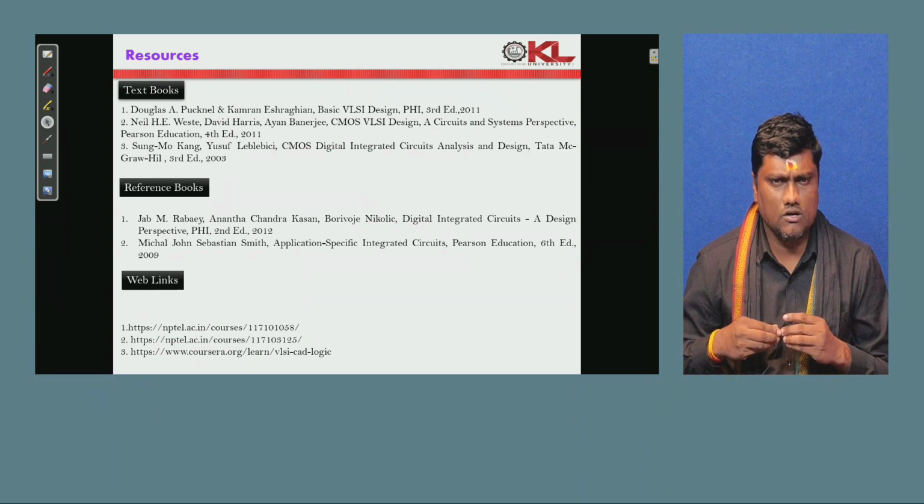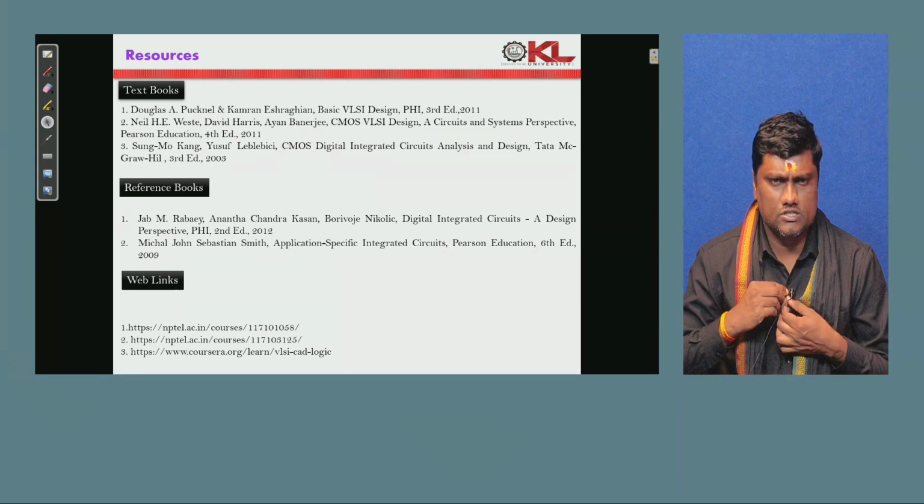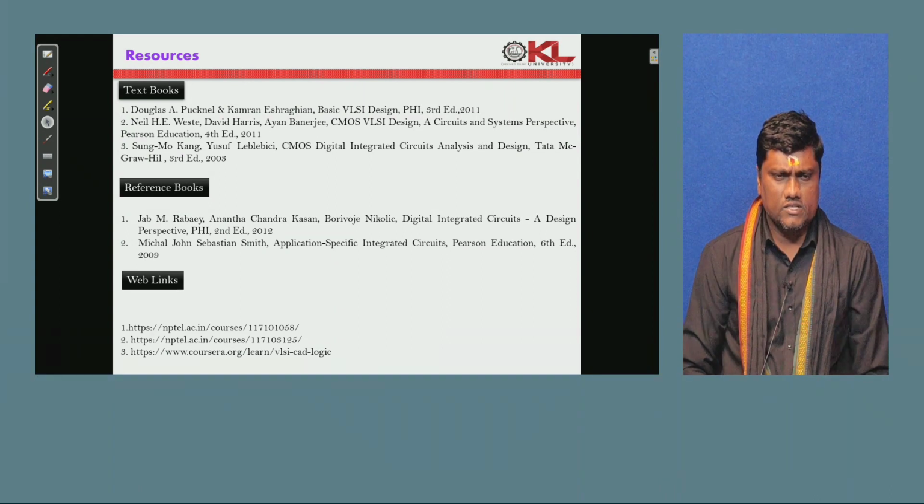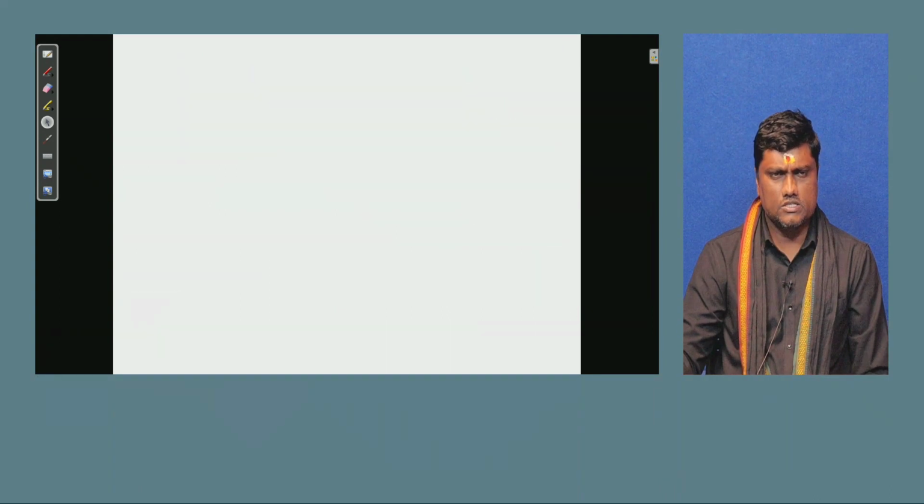Another textbook, by Sung-Mo Kang, is referred for the third and fourth CO: CMOS Digital Integrated Circuit Analysis. There are also two reference textbooks, and MOOC courses and web links.